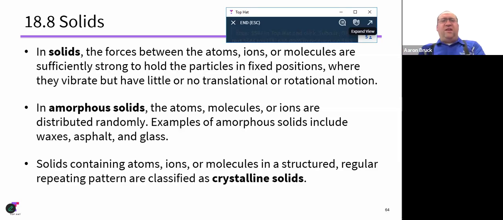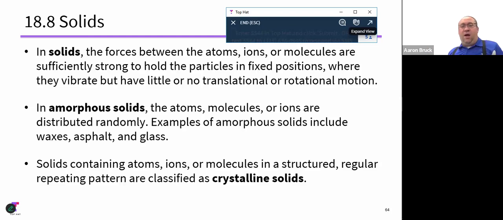Now, you can get into a discussion, and this is where I would largely defer to our geosciences department, about all the different directions we can go with solid classification. But we're going to focus mostly on crystalline solids, which are those that have structured, regular, repeating patterns.